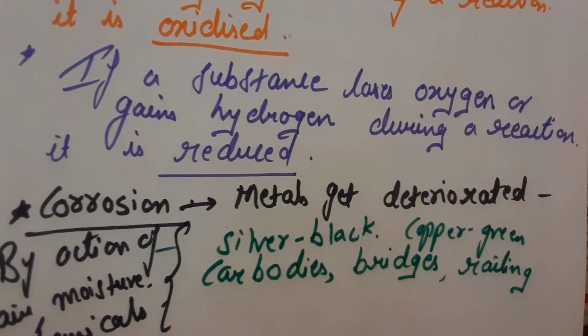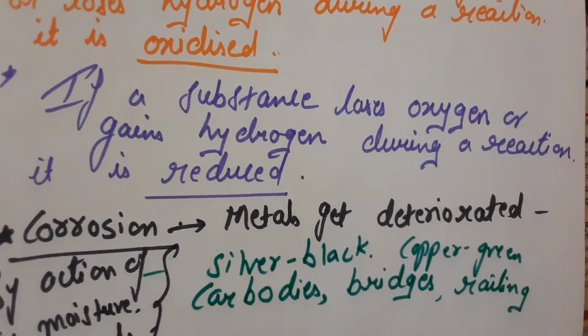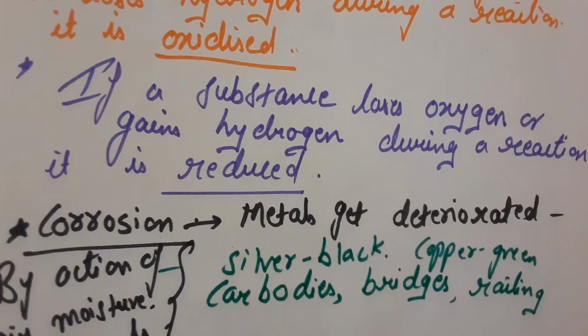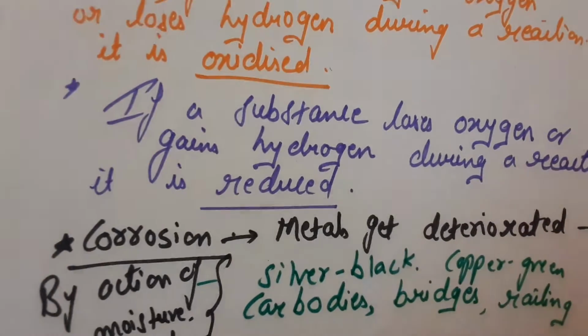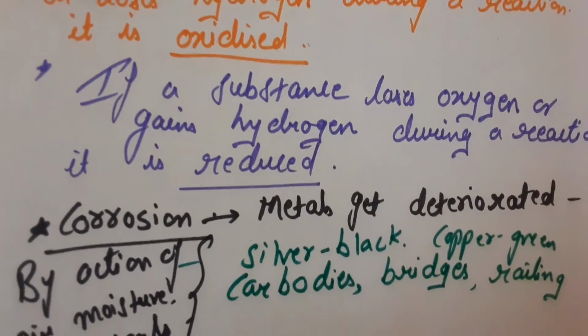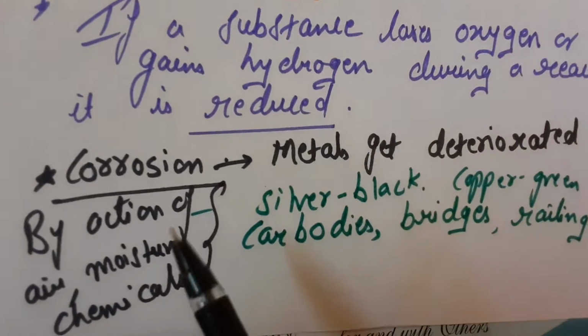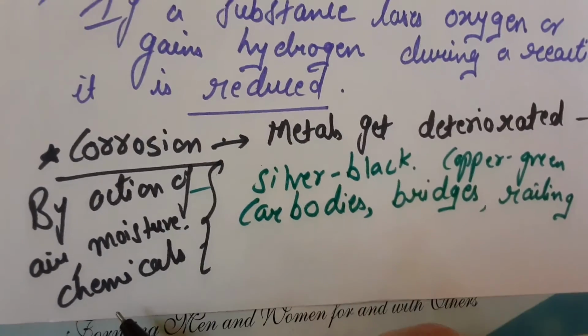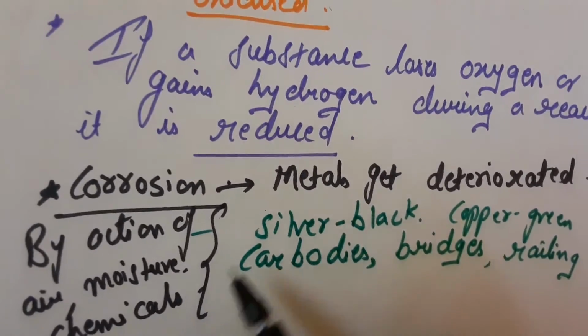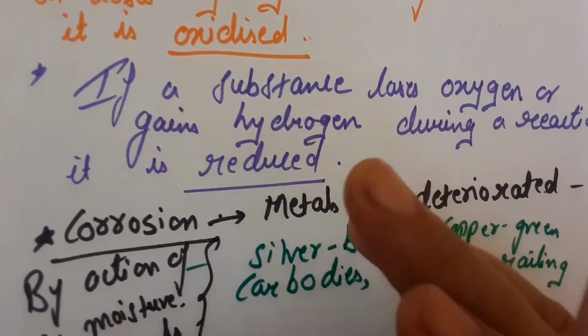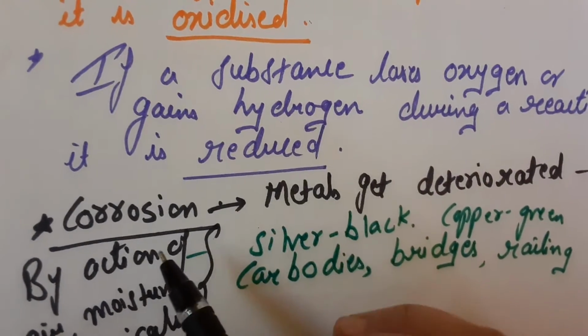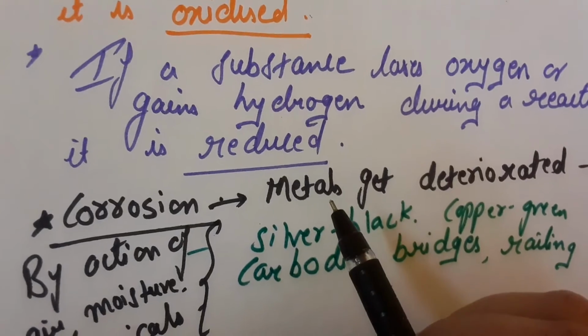Any of these substances, then corrosion can take place. So basically, metals get deteriorated by the action of air, moisture, chemicals, etc. Such a phenomenon is known as corrosion.